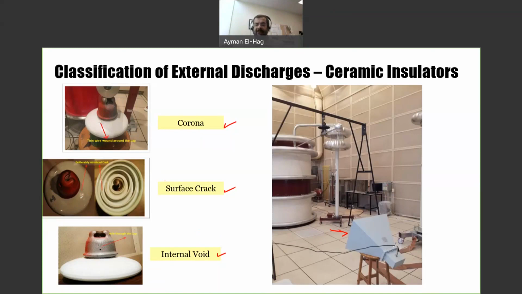Now, the wetting surface cannot be detected by the RF antenna. Why is that? The wetting surface will lead to dry band arcing. A dry band arcing is a very low frequency component. We are talking about multiples of the line frequency, here in Canada 60 hertz, like 180 hertz, maybe 300 hertz.